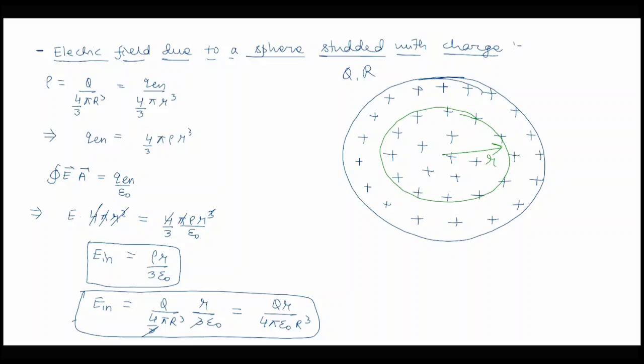For any point outside the sphere, if we select a Gaussian surface, then we can write the closed integral of E dot A is equal to Q enclosed by epsilon naught, and the value can be written as E into 4 pi small r square is equal to capital Q by epsilon naught.